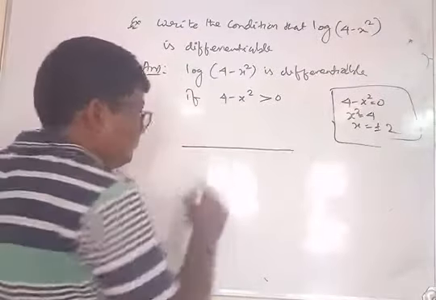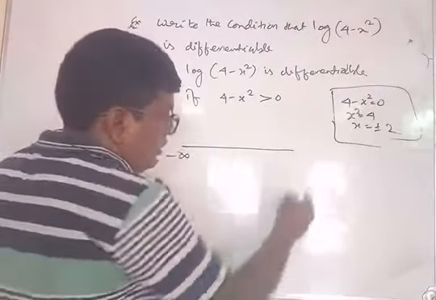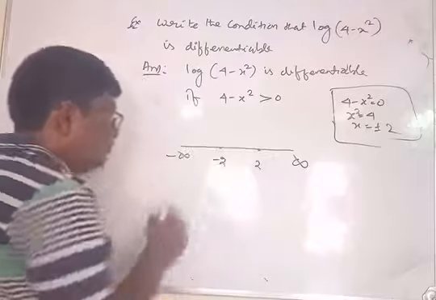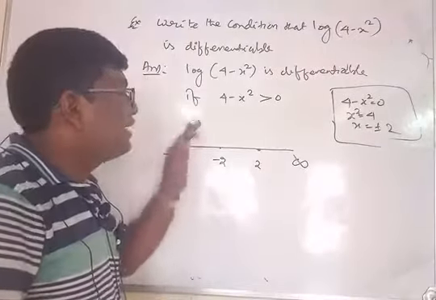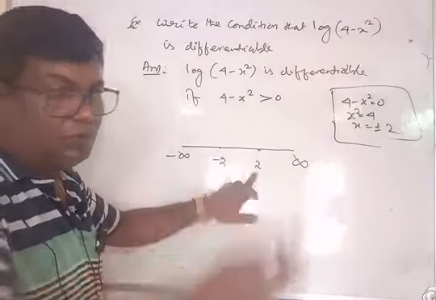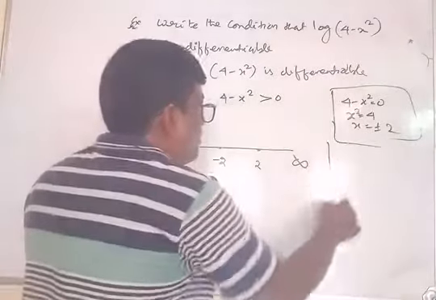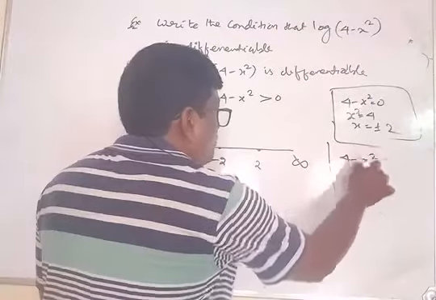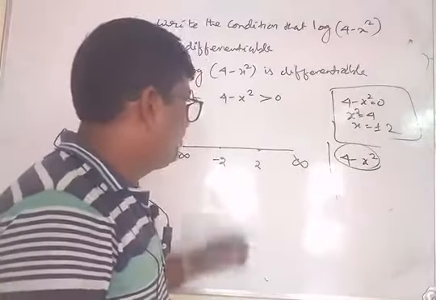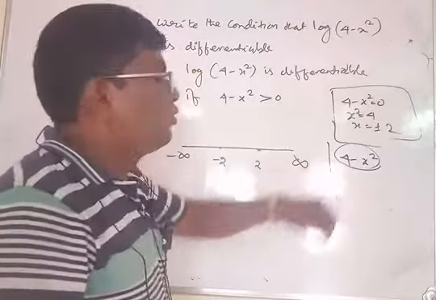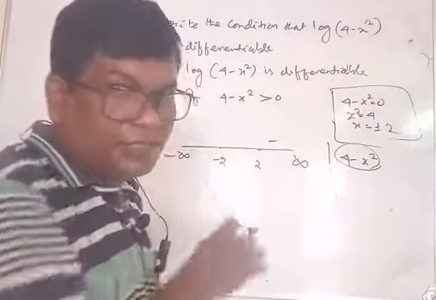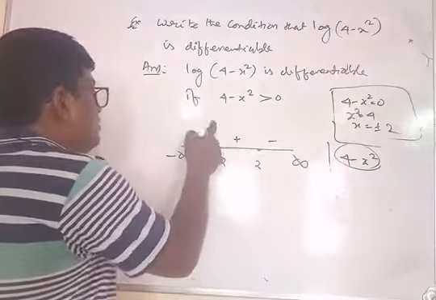So draw the number line, minus infinity and plus infinity. Put here minus 2 and plus 2. Now we determine the sign of the expression. Choose a number greater than 2, that is 3. Our expression is 4 minus x square, so 4 minus 9, that is negative. Obviously the opposite side is plus.